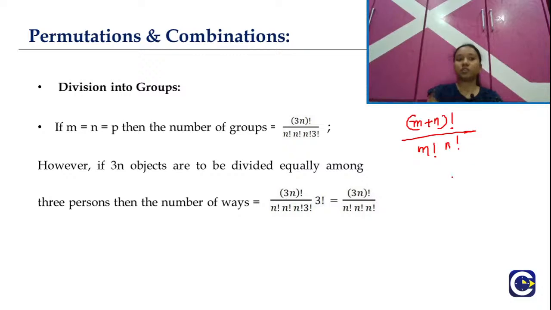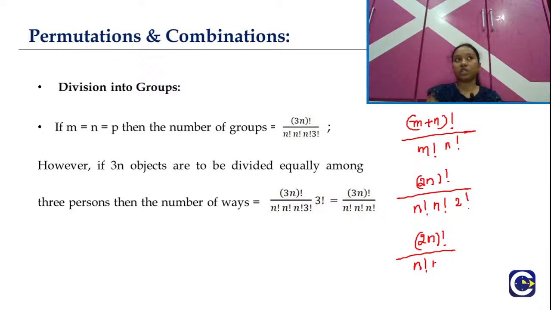When these 2 become equal, then it will be 2n factorial by n factorial into n factorial into 2 factorial. When these are divided equally amongst two persons, it is 2n factorial by n factorial into n factorial, and this into 2 factorial, so these two will get cancelled. The same case will be applicable for 3.